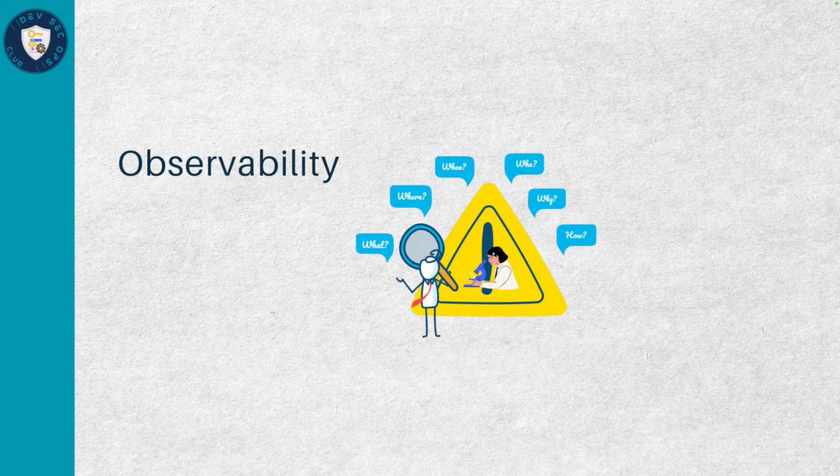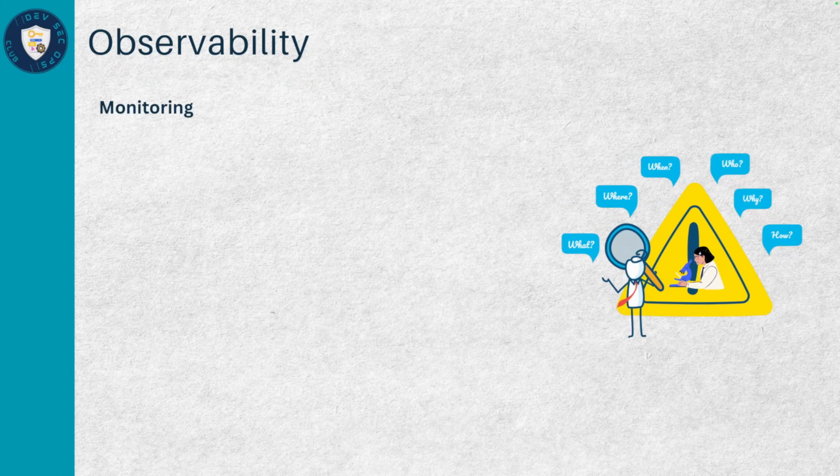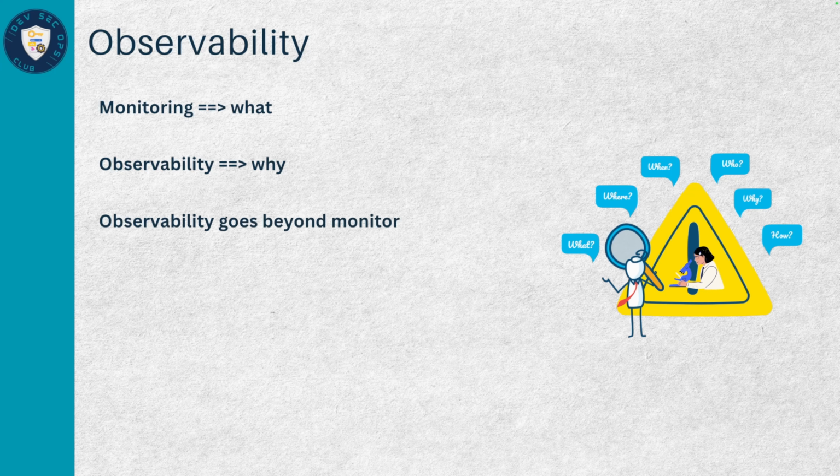Monitoring tells us what is happening, and observability lets us know why it is happening. Observability goes beyond monitoring and helps diagnose the root cause of an issue.